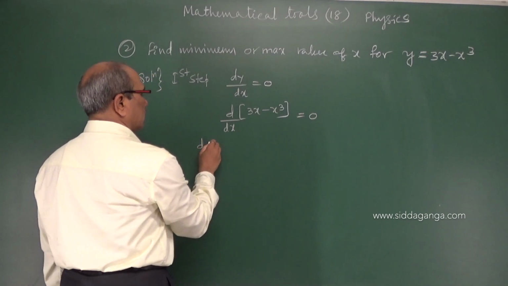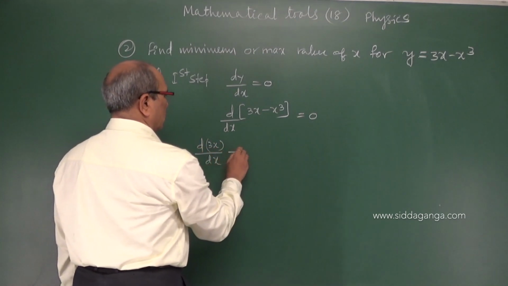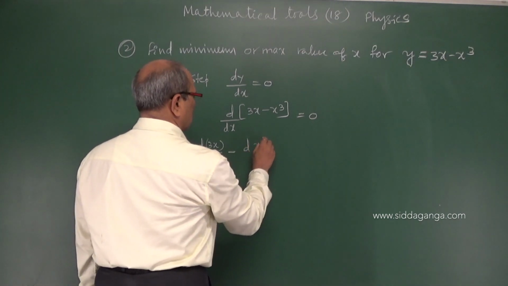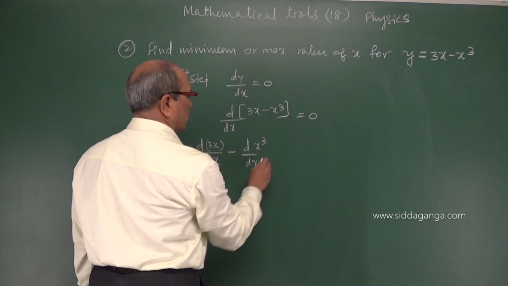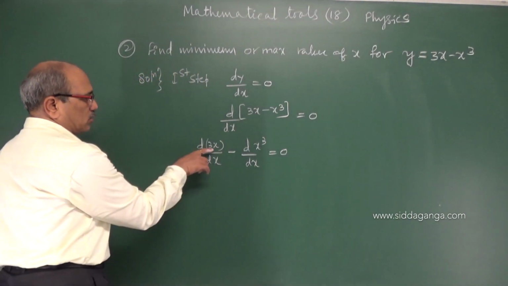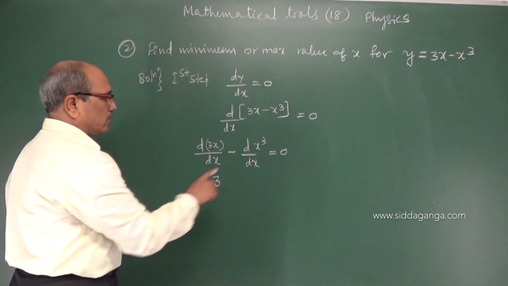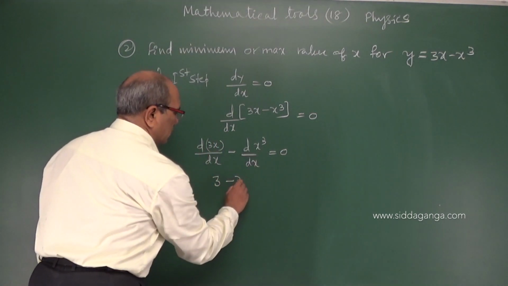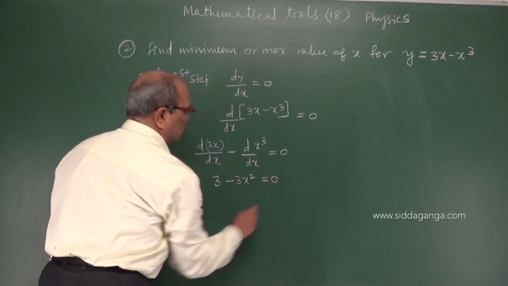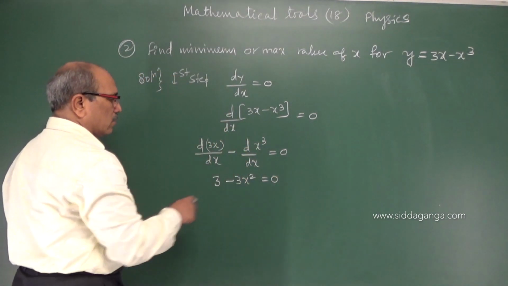Split this: d of 3x by dx minus d of x cube by dx equal to 0. The differentiation of 3x becomes 3 only, because x power 0 is 1, minus 3x square equal to 0, which is the differentiation of x cube with respect to x.